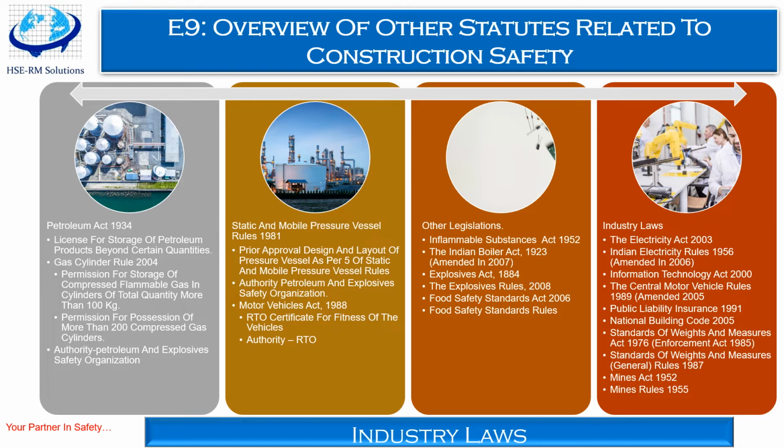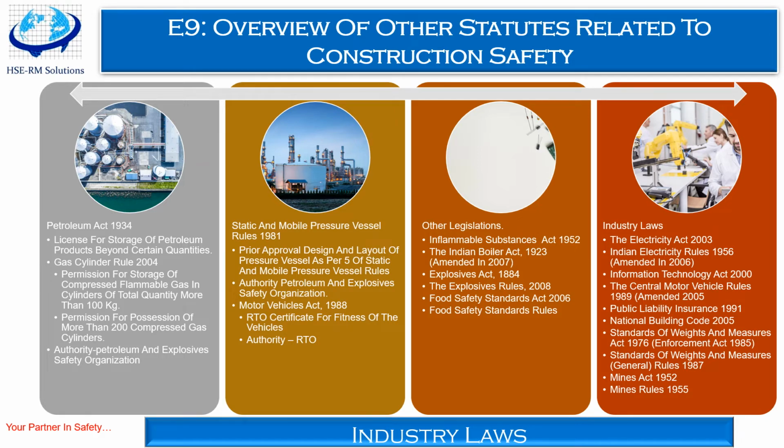Public liability insurance requires certain industries to obtain insurance to cover damage caused to the public and environment by accidents caused by the industry. So that comes under the Public Liability Insurance Act 1991. Now, the Public Liability Insurance Rules 1991 give details for implementation of the Public Liability Insurance Act 1991.